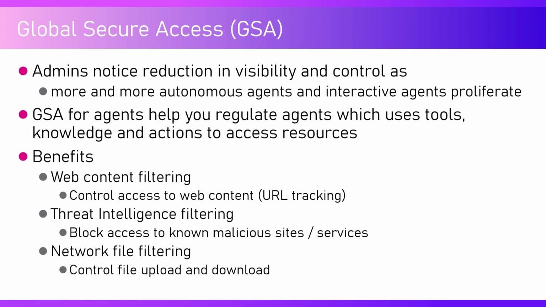So Microsoft services get access to that piece of information, and then the threat intelligence filtering will filter your information through those services and check if those services are interfering with your day-to-day operations while accessing the agent or not. Network file filtering controls the file upload and download process.